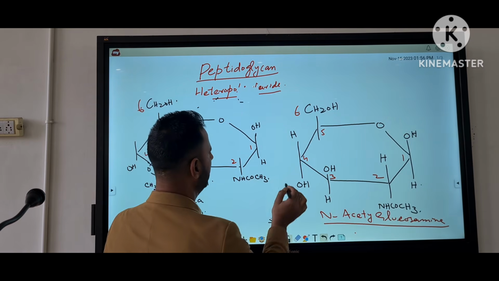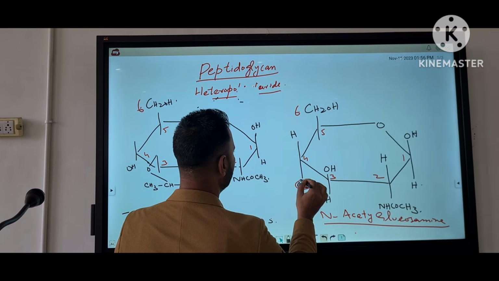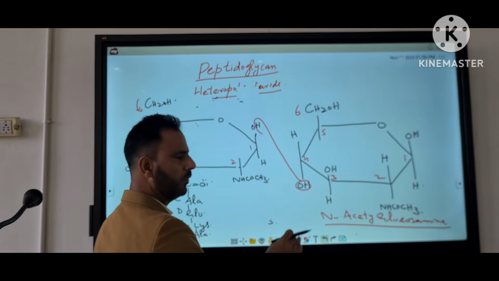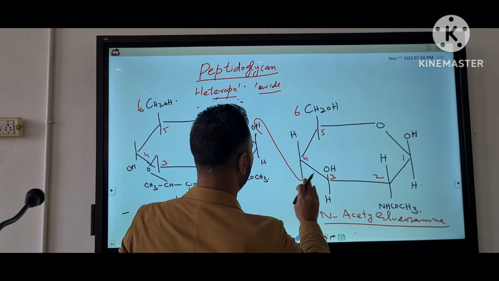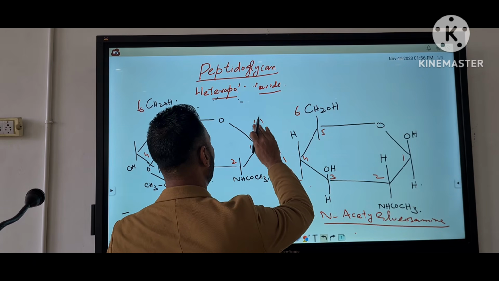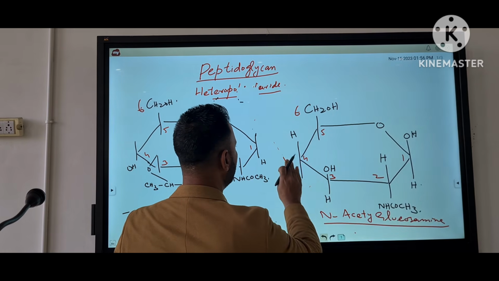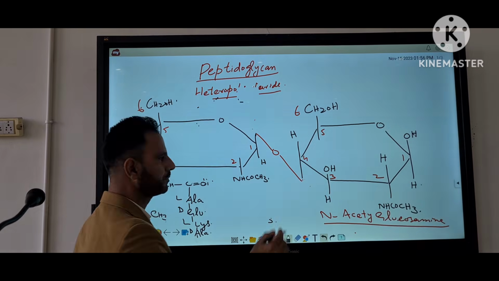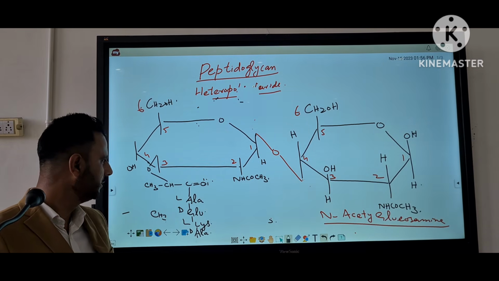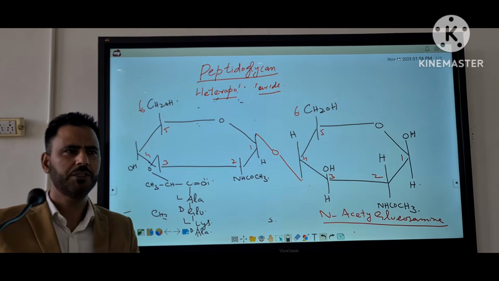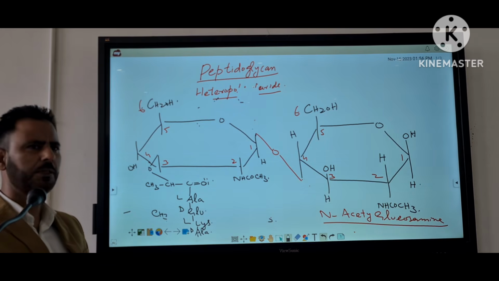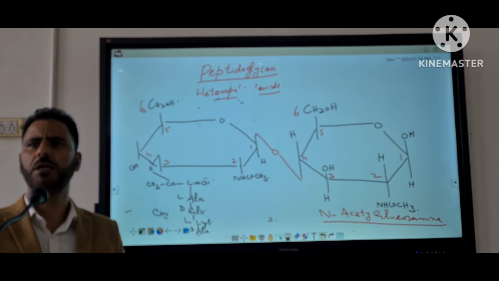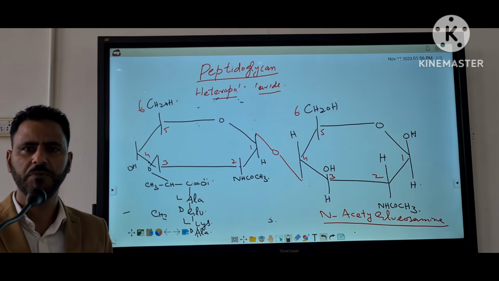Now beta means here between this OH and H, the water will go out, and we will get what we call as a glycosidic bond formed between the N-acetyl muramic acid and N-acetyl glucosamine in this form. You understand? This is the basic structure, basic framework of peptidoglycan. You clear?